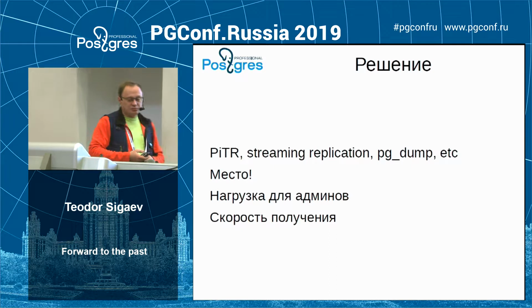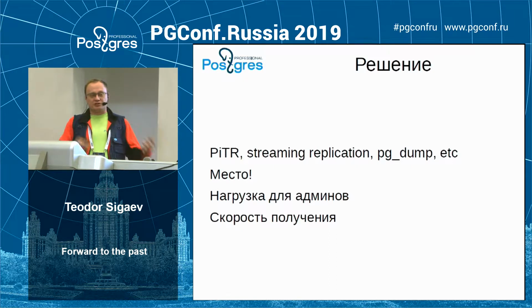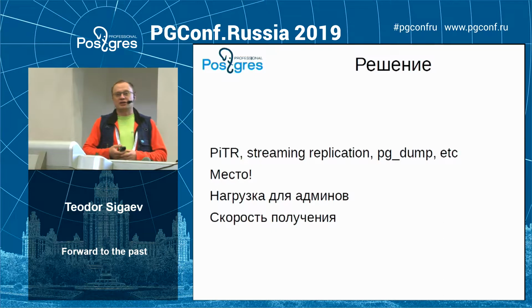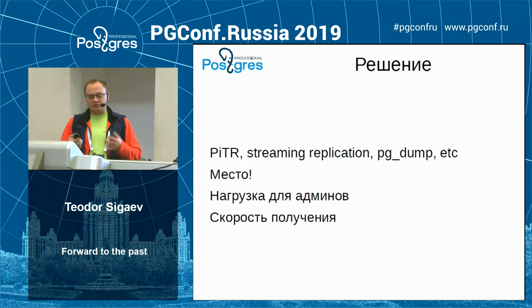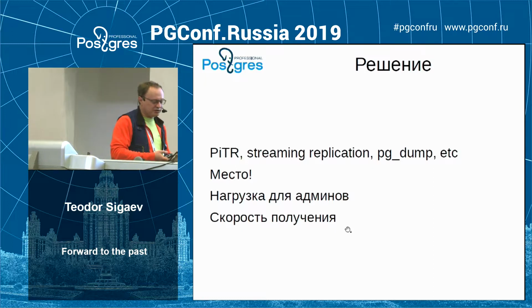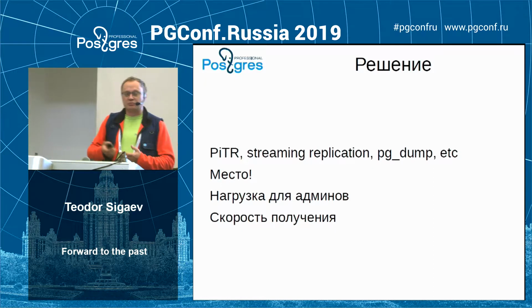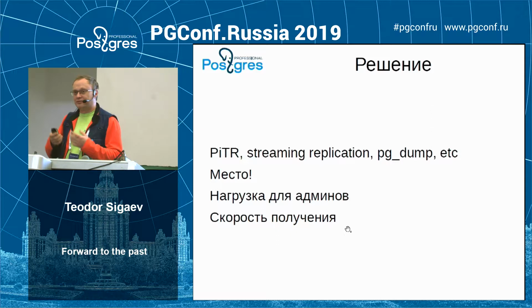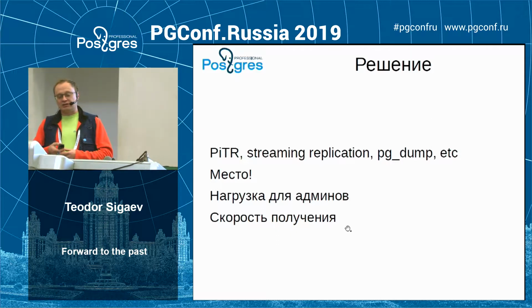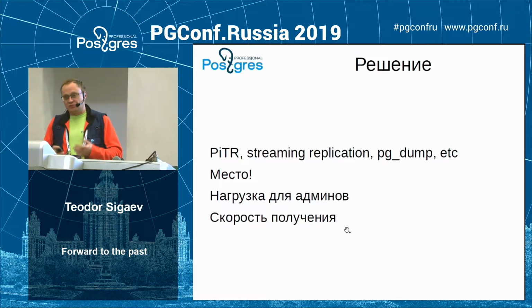So the solutions that exist are based on point-in-time recovery, or on streaming replication, or on pg_dump, etc. That's good, but it brings extra load. Besides, we sometimes forget that they need a serializable level to get consistent snapshots, or we need to stop write operations, otherwise you will have problems.